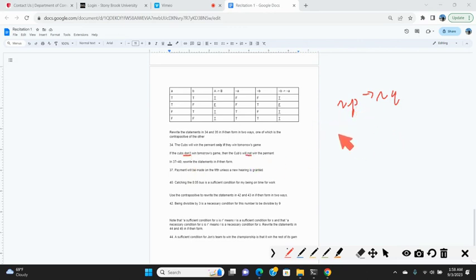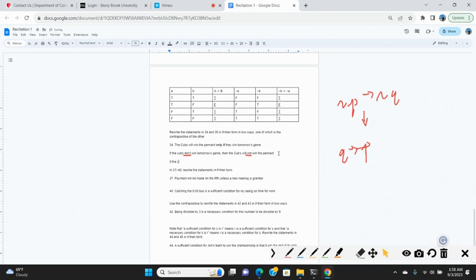Then we can reverse it by saying that the contrapositive of this is Q implies P. So if P is the Cubs win tomorrow's game, and Q is the Cubs win the pennant, then we can reverse this to also say if the Cubs win the pennant, then they must have won tomorrow's game.